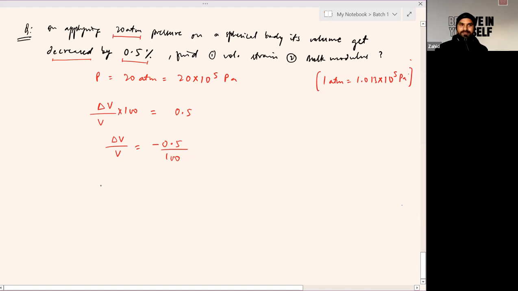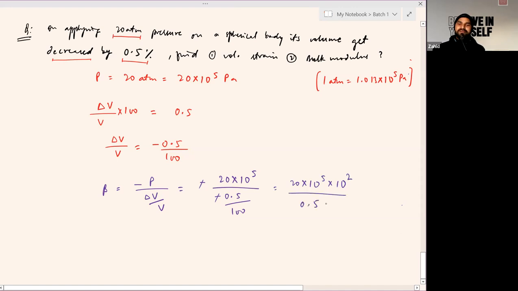Let me solve. Bulk modulus equals minus of pressure divided by delta V by V. Pressure we have given is 20 into 10 to the power 5, and delta V by V is minus of 0.5 divided by 100. So this minus and this minus will cancel out. This 100 will move to the numerator, so it will become 20 into 10 to the power 5 into 10 to the power 2 divided by 0.5.